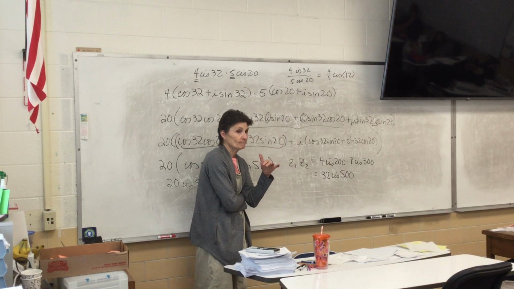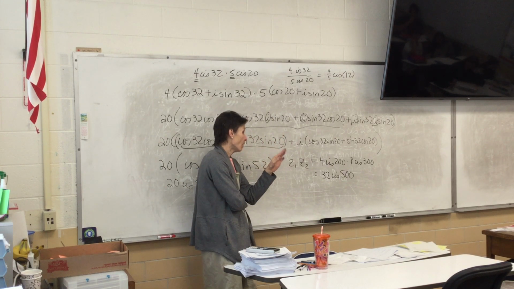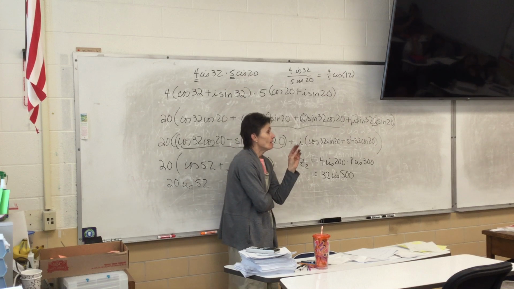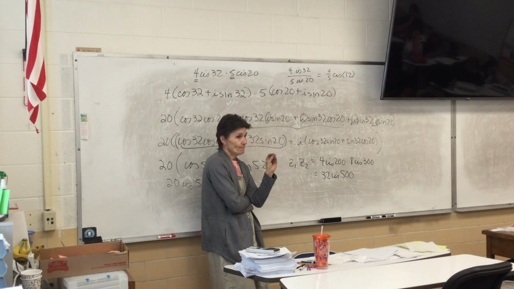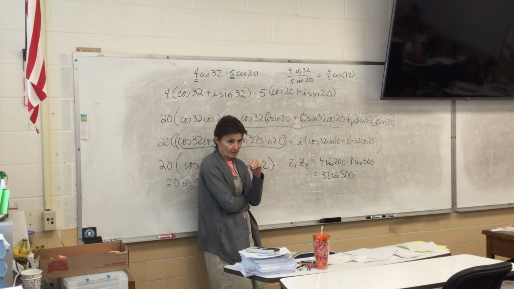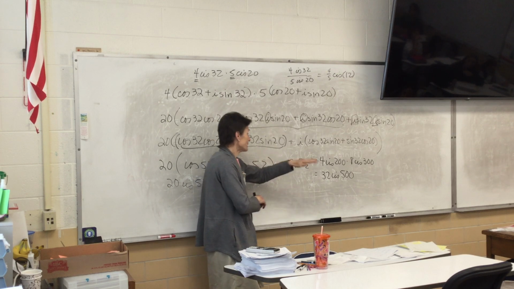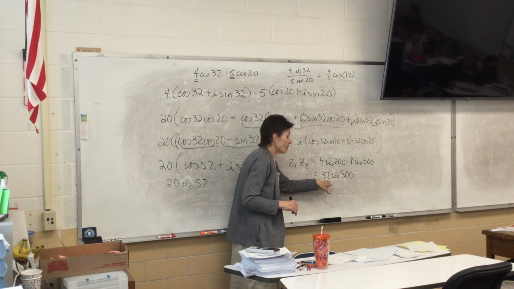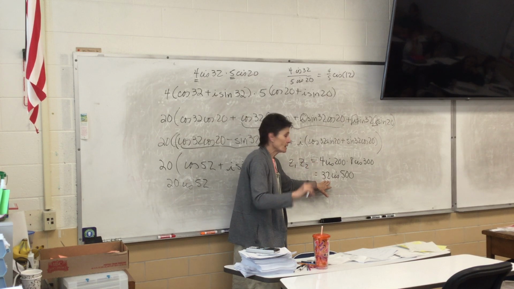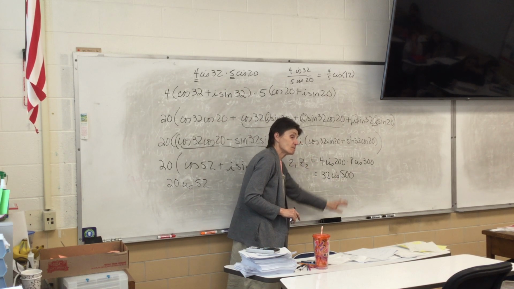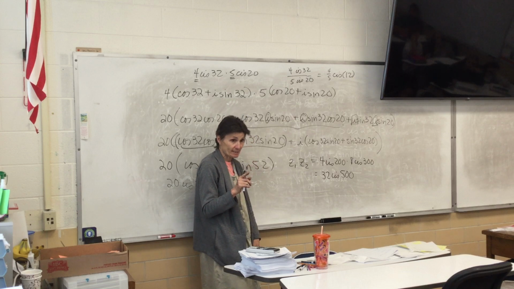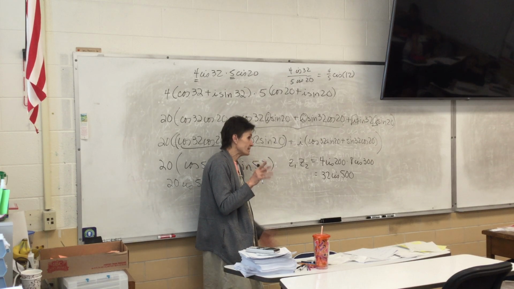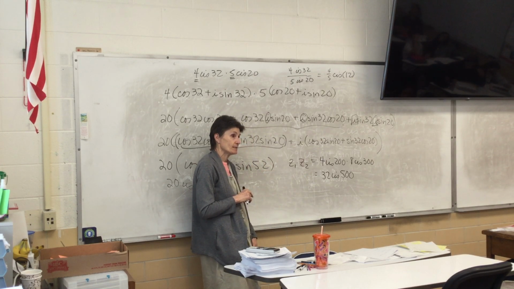Everybody okay so far? Now, I say so far because polar form has rules. When you write a number in CIS, polar form, R must be positive, and theta must be between 0 and 360, or 0 and 2 pi, depending on radians or degrees.